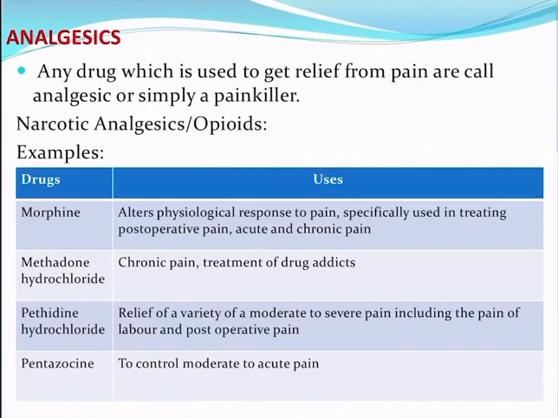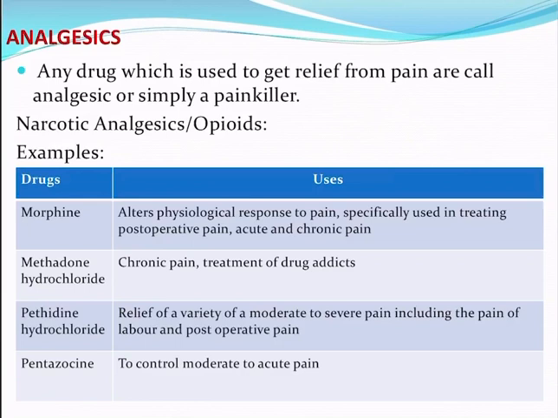Next class of chemotherapeutic agent is analgesics. The meaning of the word analgesics is pain relievers. Any drug or chemical compound which reduces pain, an analgesic or painkiller, is any member of the group of drugs used to achieve relief from pain.